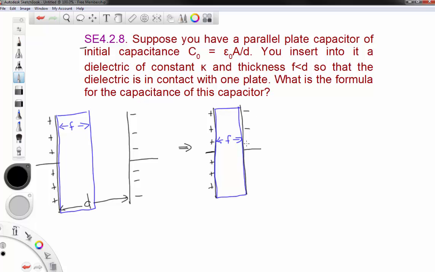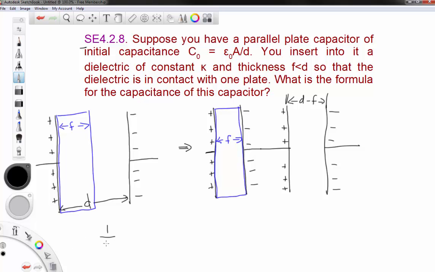So the first one in the series looks like this, and the second one is over here. So this is like having another plate inserted that has a sort of positive charge, and the separation between these two is now whatever D was minus the thickness of the original dielectric. So you have basically a pair of capacitors in series.